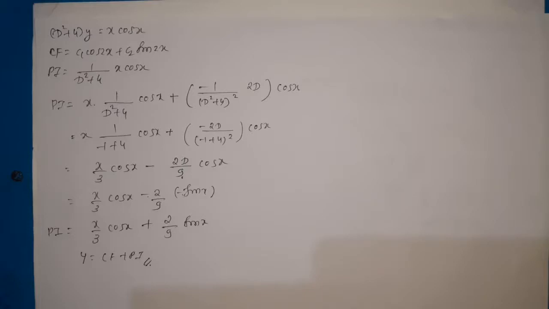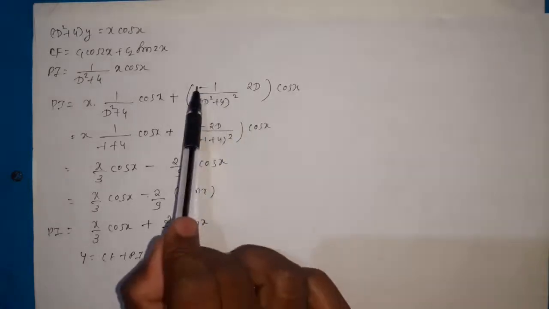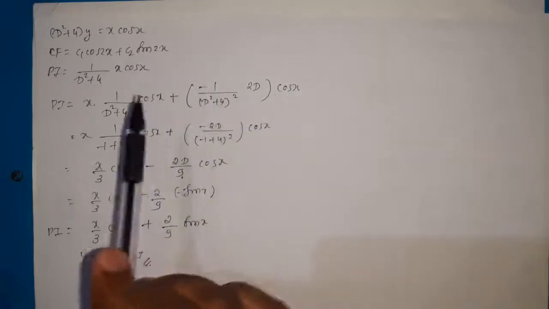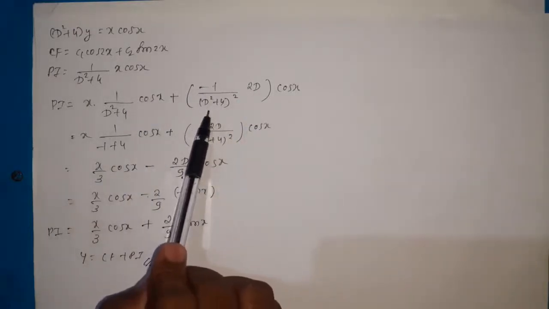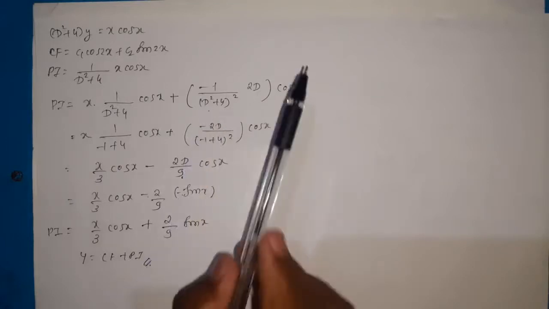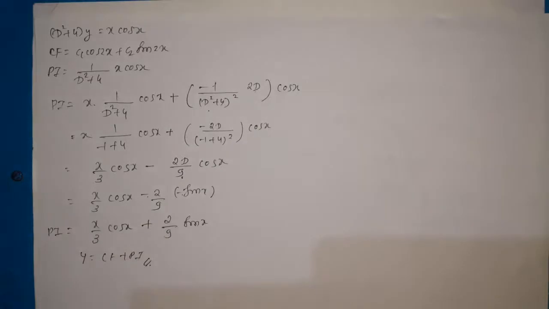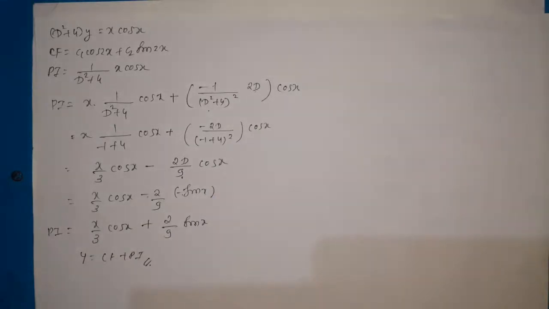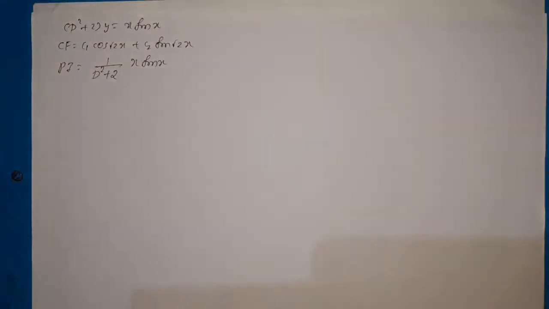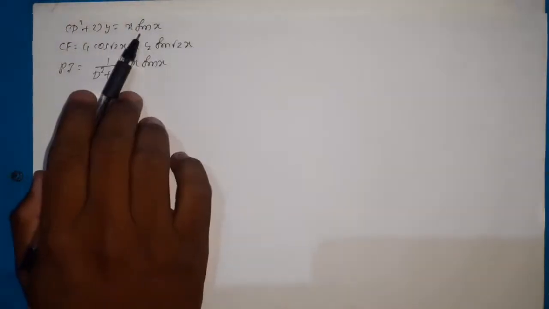So here, you should remember this one. So minus 1, that is fixed for all the functions. Minus 1 divided by denominator square, whatever the denominator is there, into differentiation of that denominator with respect to d, into the respective function. Next example, d square plus 2 into y equal to x sin x.